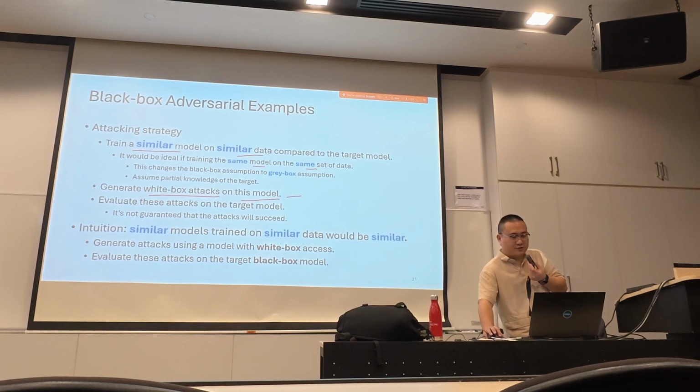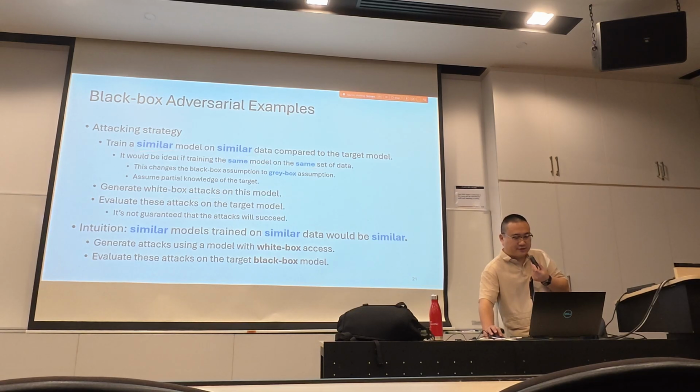Because we own this model locally and train it using our own hardware, we have access to everything of the model. Therefore, nothing stops us from generating white box attacks on this model. After we generate these attacks, we can pass them to the target model to see whether we can fool the target model.